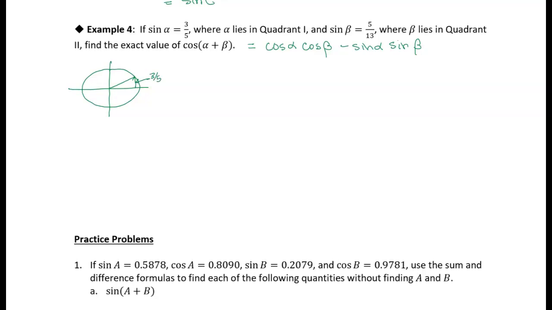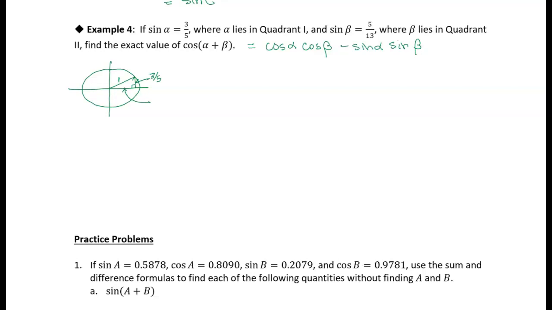Okay, so that side length is 3/5, and the hypotenuse is 1 because it's a unit circle. Okay, so let's find the cosine value, which is this leg of the triangle. Okay, and it's a right triangle, right? Okay, so we can use the Pythagorean theorem for this one.